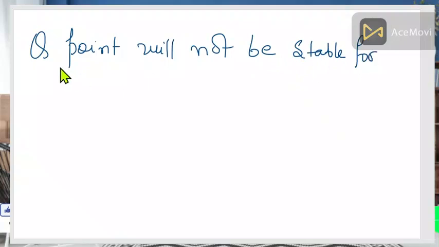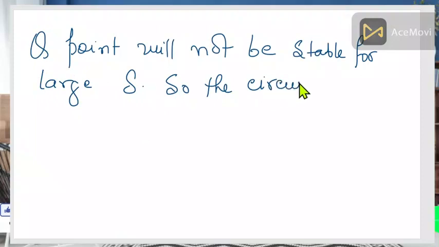If the stability factor is quite large, the Q point will not be stable. So the circuit is unstable. This is an unstable circuit. It will not produce faithful amplification.